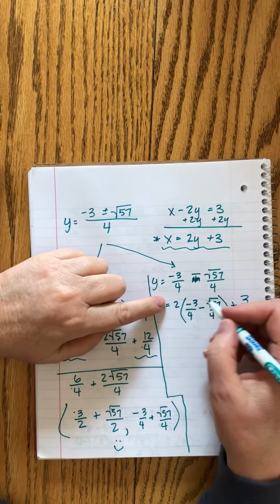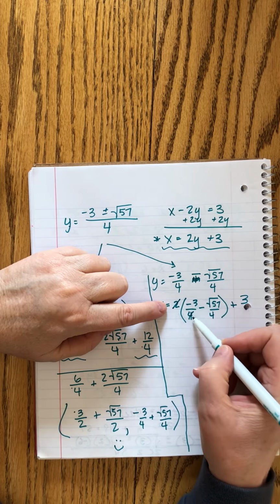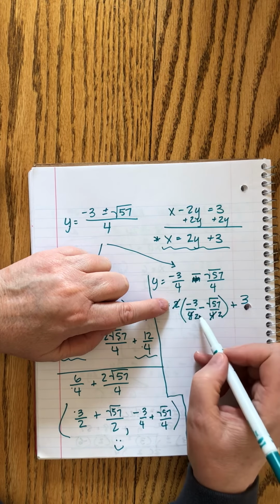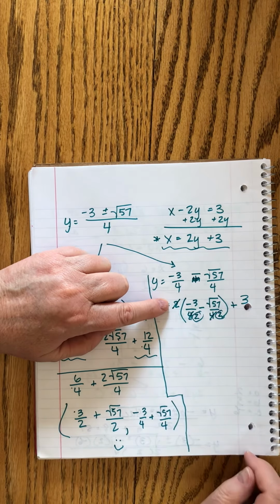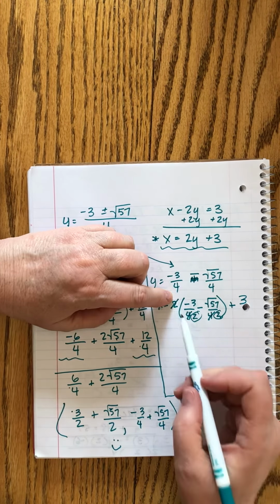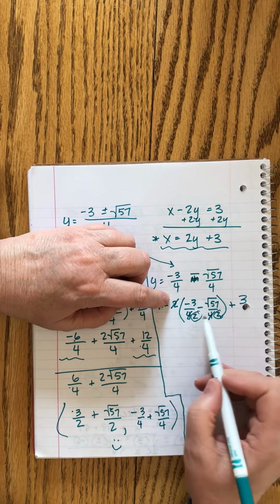This time, before I distribute, I'm going to say, wait a minute, I can cancel this 2 against this 2, and this 2 against the 4 and the 4, and I am left with halves on the bottom. So I cancel rather than distribute and then reduce. I just canceled right here, and I can do that because I have 4s on both parts. So I'm canceling both parts of that.